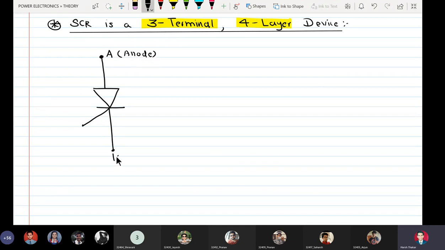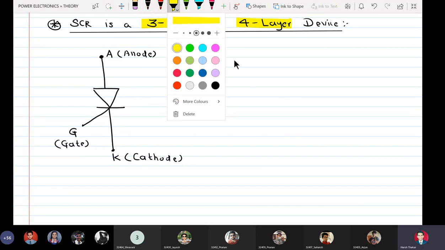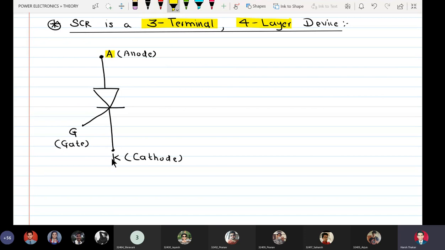The second terminal is denoted as K, cathode, and it has just one additional terminal called gate G. So we have anode, cathode, and gate. That is why we call it a 3-terminal device, because it has 3 terminals: anode A, cathode K, and gate G.